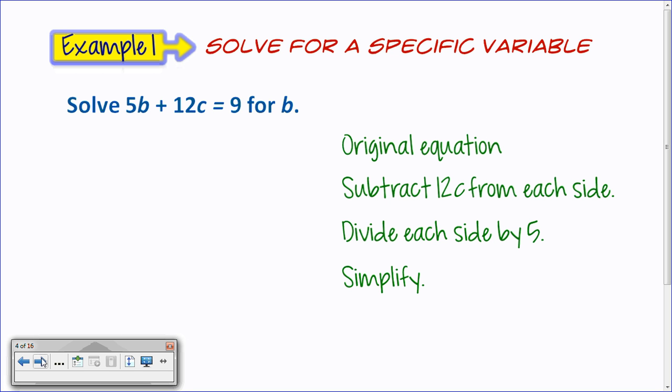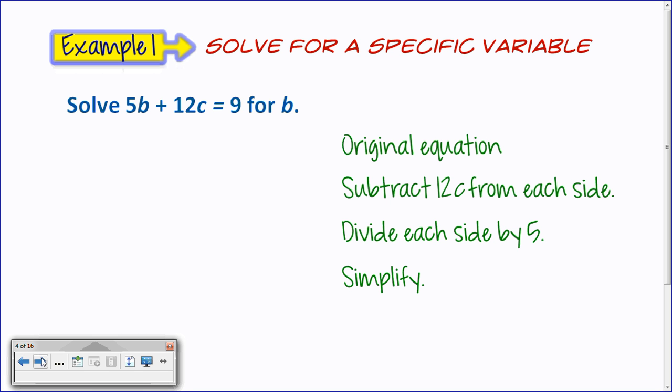Somebody read them to me. What's it asking me to do? Solve 5b plus 12c equals 9. So I'm going to solve this equation for B. Does everybody understand that? Now, am I going to be able to find a number value for B?